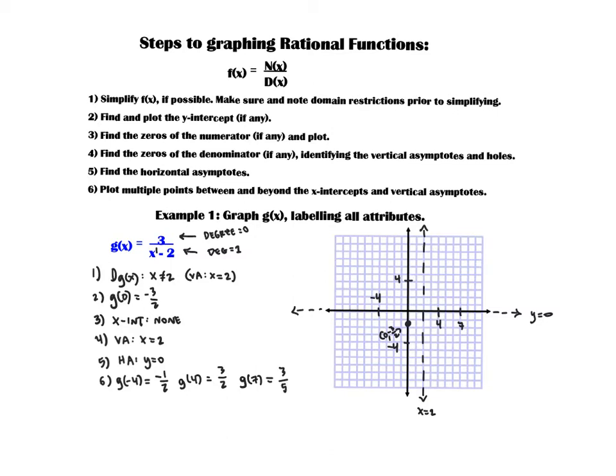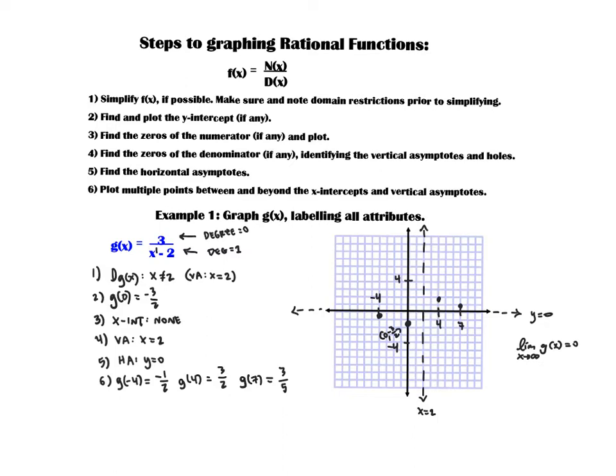Okay, so let's plot those. -1/2 for g of -4, and g of 4 is 3/2, and g of 7 is 3/5. Okay, so what I'm seeing here, and I know my end behavior, right? If I have a horizontal asymptote at y equals 0, my end behavior on the right of g of x will equal 0.